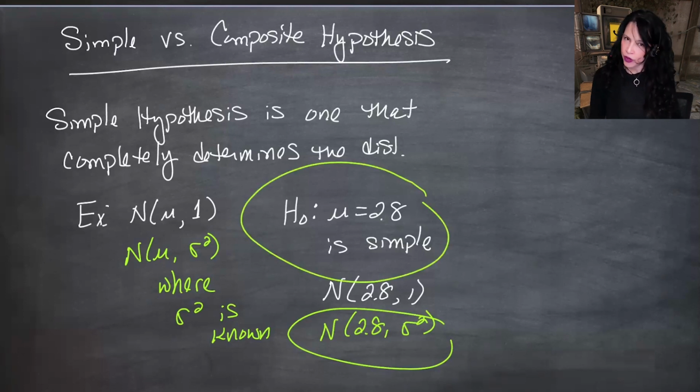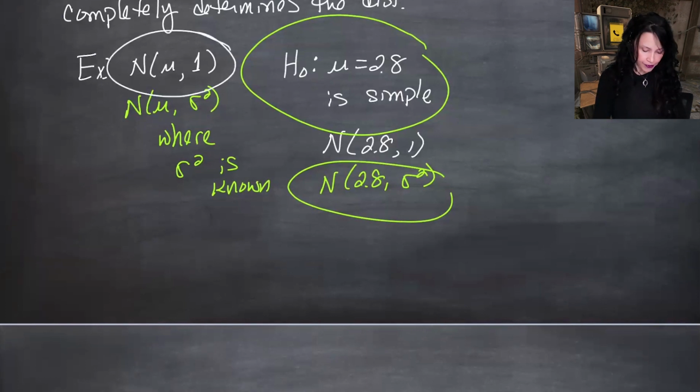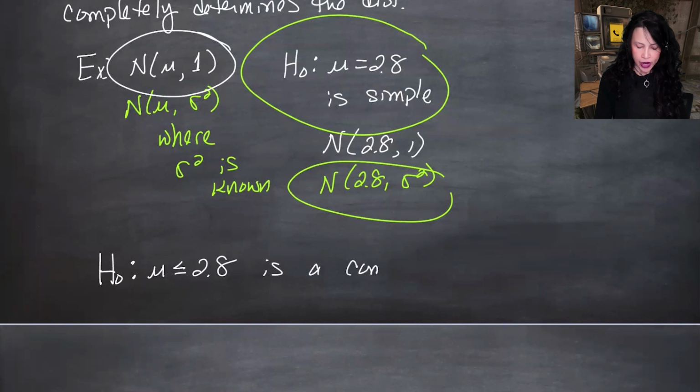In a Stat 101 course, it's a common mistake to say that hypotheses with an equal sign are simple versus hypotheses with an inequality not being simple. Let me say a little bit more about that. So keeping with this example, a null hypothesis like mu is less than or equal to 2.8 is a composite hypothesis, which is the opposite of simple.